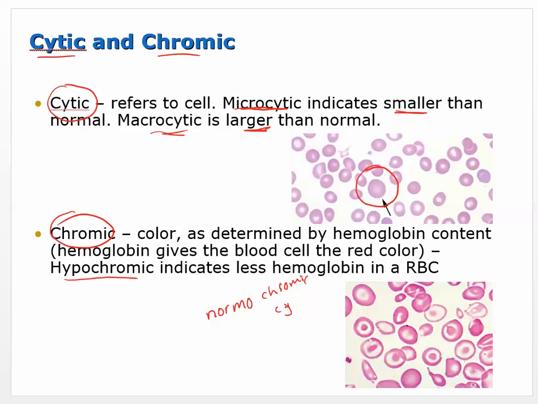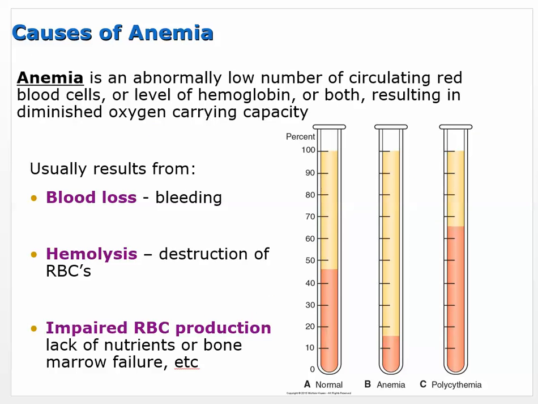So that can also refer to cytic. We don't see hyperchromic, so that's not really a term that's used, but hypo is, and that's what you can see here. These guys have way too much white, not enough red, which means probably that they don't have enough hemoglobin in them.